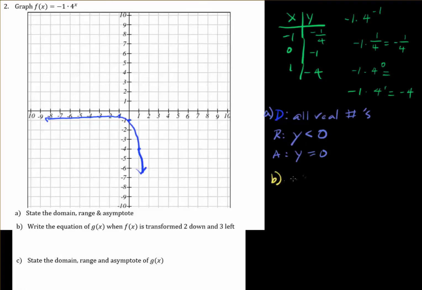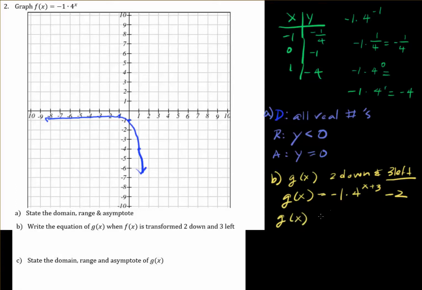So write an equation of g of x when it's transformed 2 down and 3 left. So g of x is going to be -1 times 4 to the x plus 3, minus 2, or remember the universal way that I taught you: g of x equals -1 times f of x plus 3, minus 2.